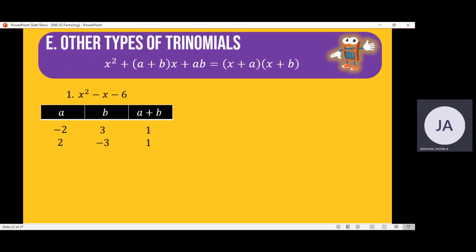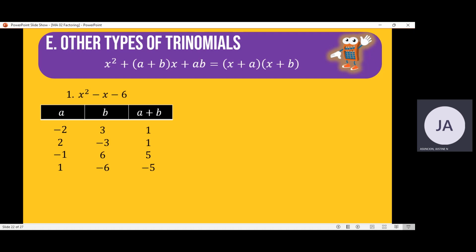Okay, so as you can see here, we have the factors 2 and negative 3 that result to the last term. And then when we add them, we have the middle term, right? So we can utilize that. But actually, since it's a trial and error method, we have different factors that we might consider, but again, it should satisfy the middle term.